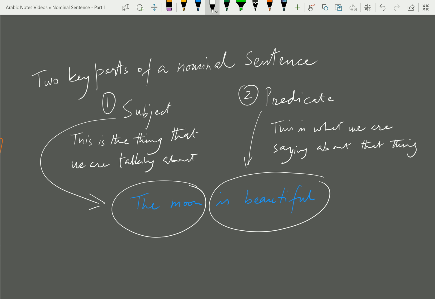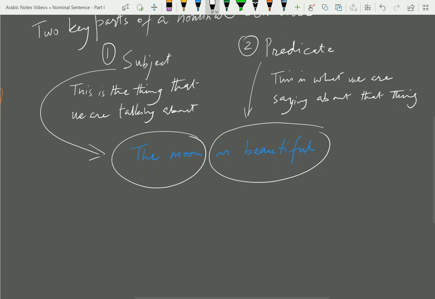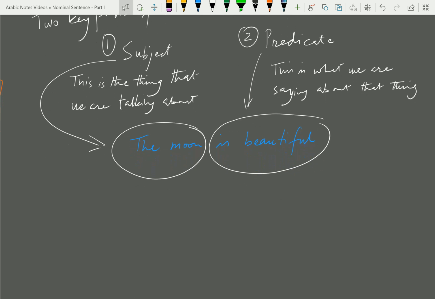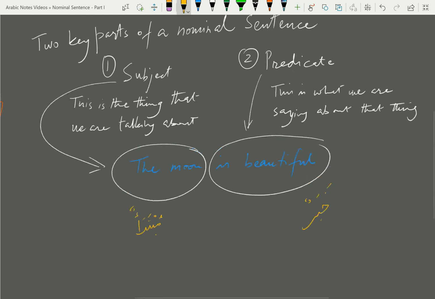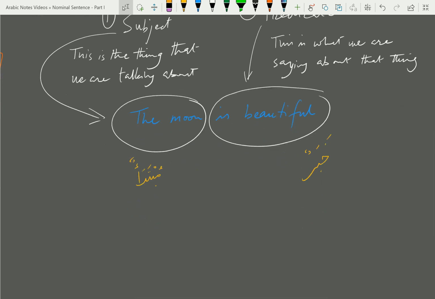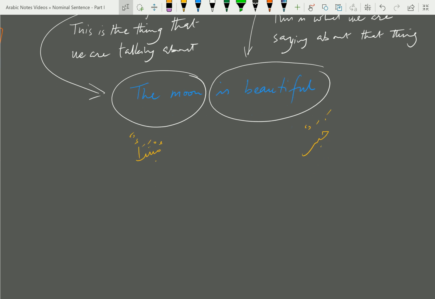Okay. Well, Arabic has names for these terms, subject and predicate. In Arabic, we call the subject the mubtada, mubtada'un, and the predicate is called khabar.